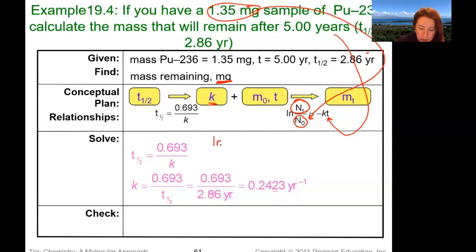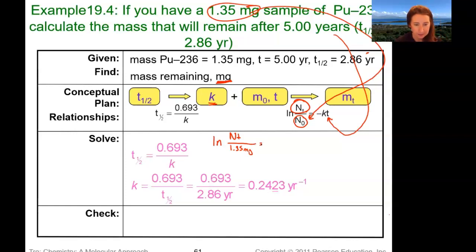So natural log, and I'm going to try to write this as nicely as I can, of N at some time. We don't know how much we're going to have after 5 years. So it's N_t over our original amount, which is 1.35 milligrams. That's our N_0.